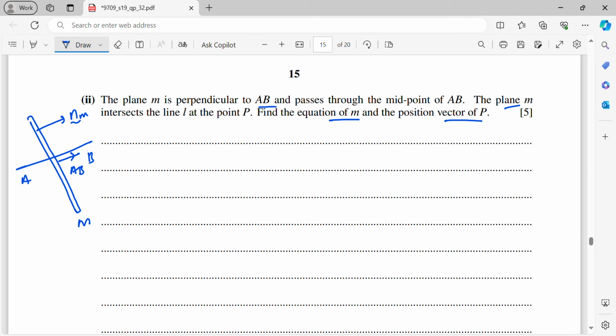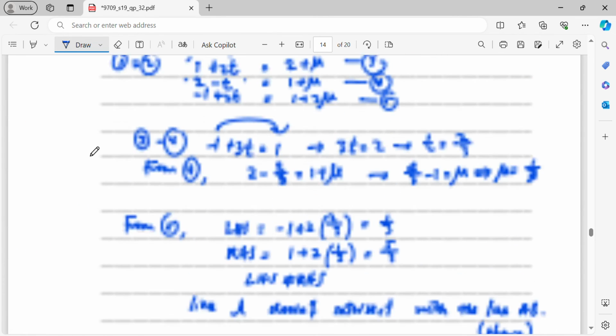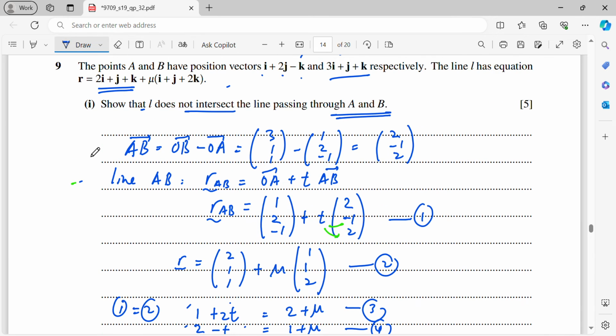So obviously from here, right, the direction vector of the AB is parallel to the normal vector of the plane M. Therefore, I will say N equals to AB. So the AB we have found just now. The AB is 2, minus 1, 2.